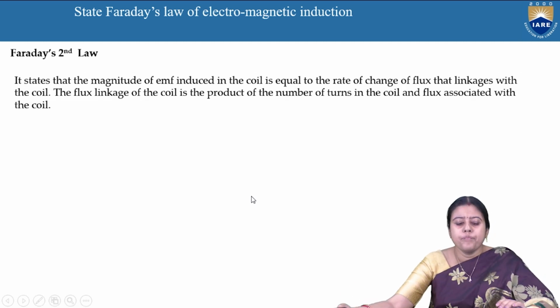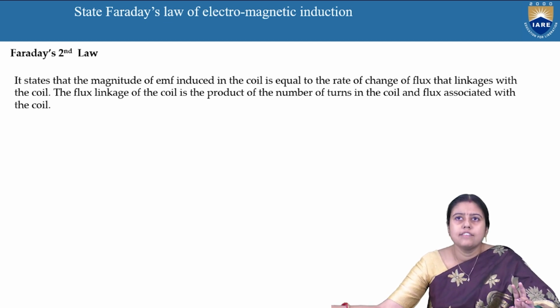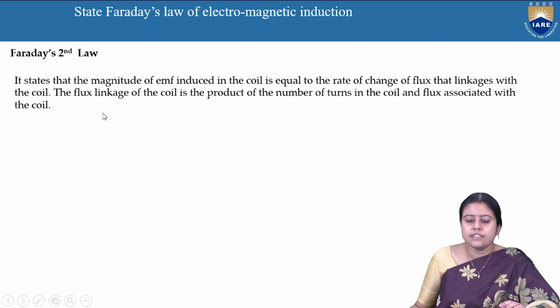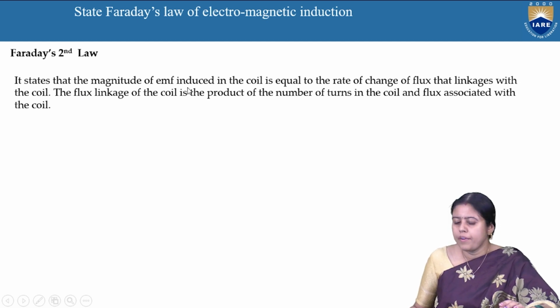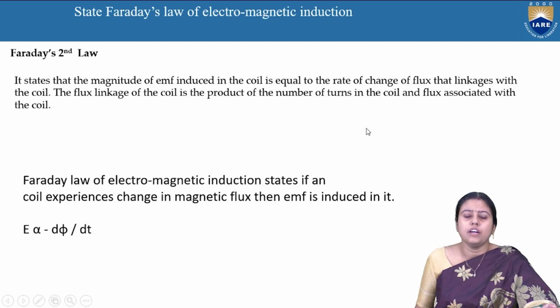Next, these are the four important topics. What is Faraday's second law? It states that the magnitude of the EMF induced in the coil is equal to the rate of change of flux linkage with the coil. The flux linkage of the coil is the product of the number of turns in the coil and the flux associated with the coil.